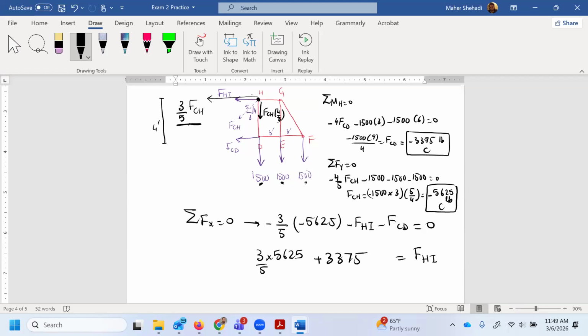Therefore, we can find FHI, and that's equal to 6,075 pounds, and since it's positive, therefore it's under tension.